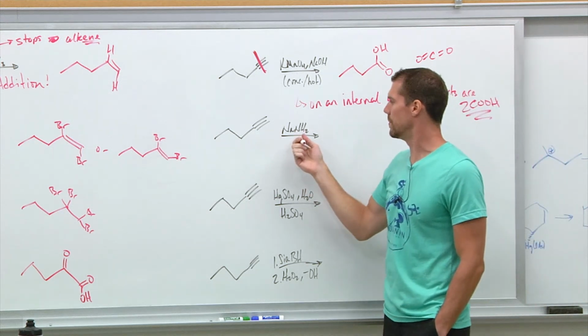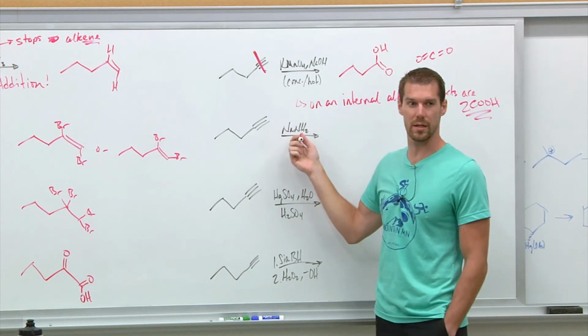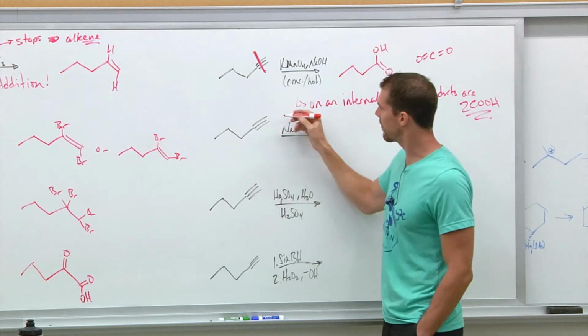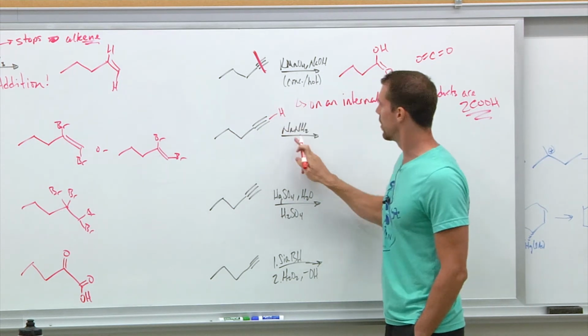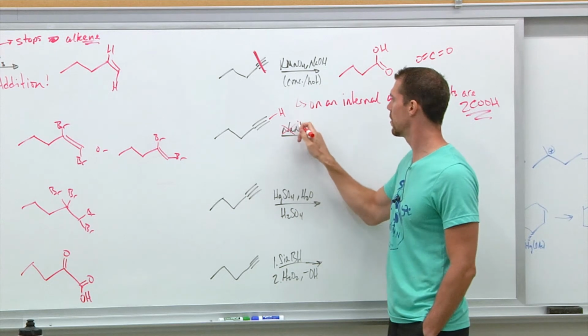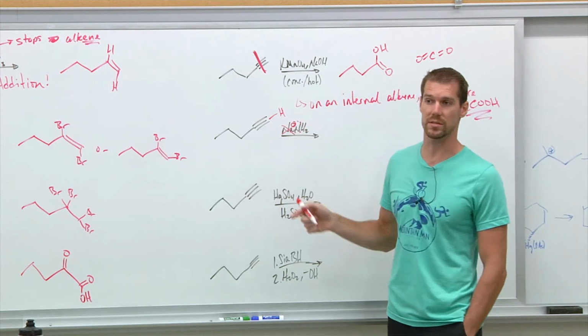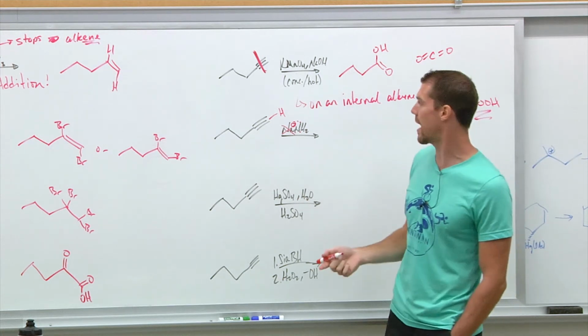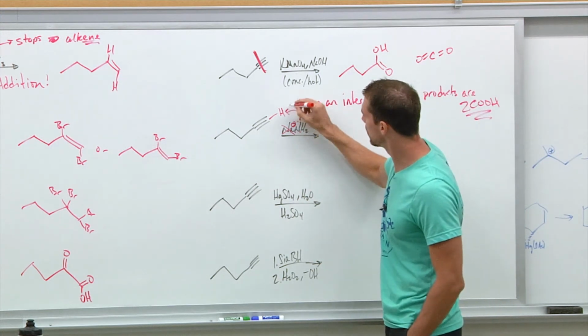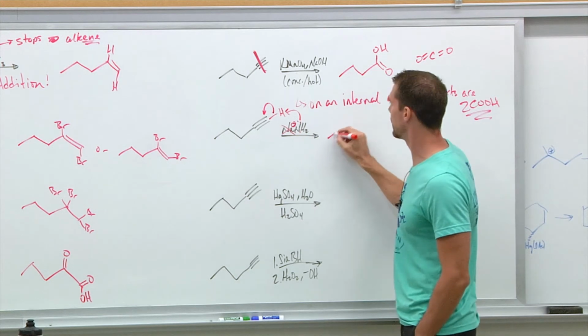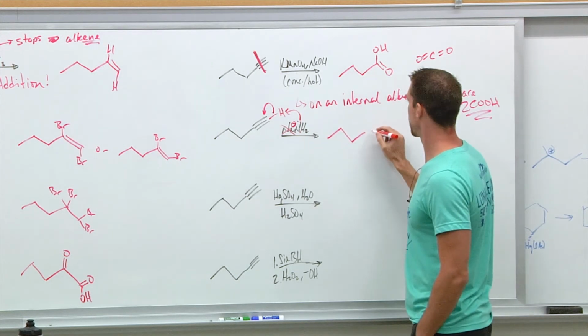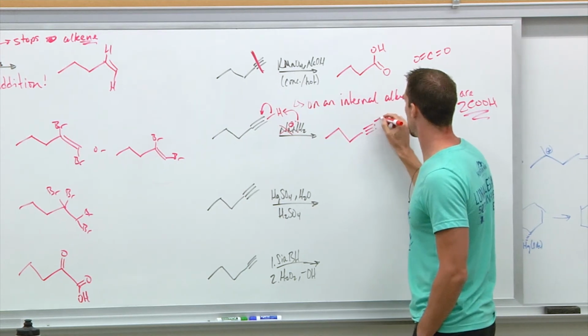This you may have seen when you were working with acetylene and the synthesis stuff. So we have an H right here. Na, we know that means nothing. And this NH2 minus is a strong enough base to abstract this hydrogen. So this results in a carbanion.